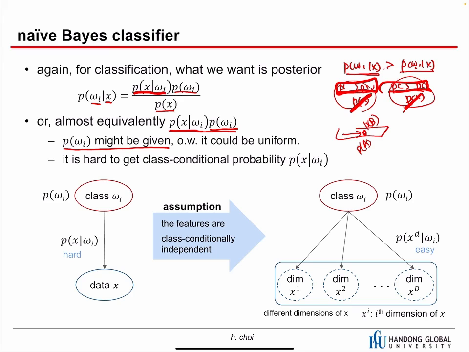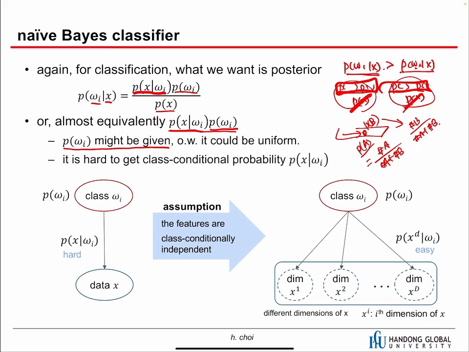So P of A can be simply the number of A over the number of A plus the number of B, and P of B can be simply the number of B over the number of A plus the number of B. Something like this. So this prior can be given many times.